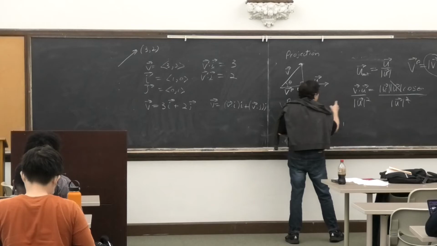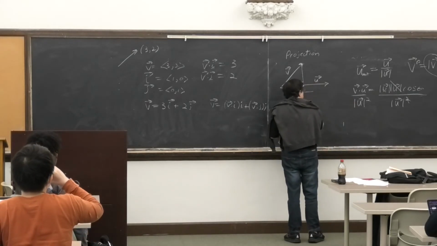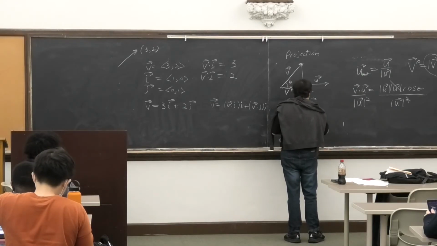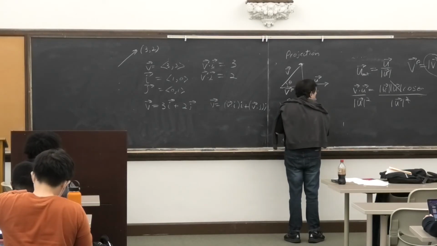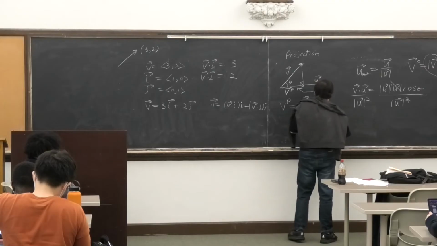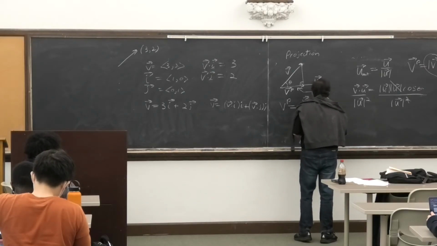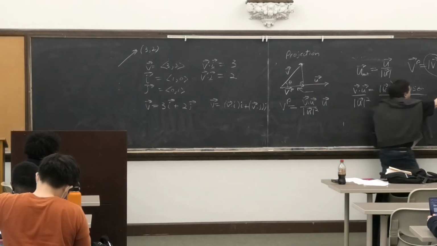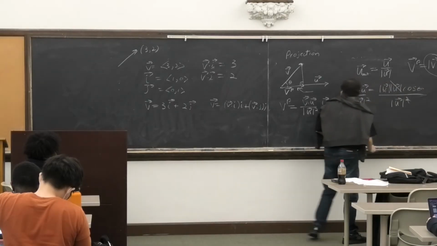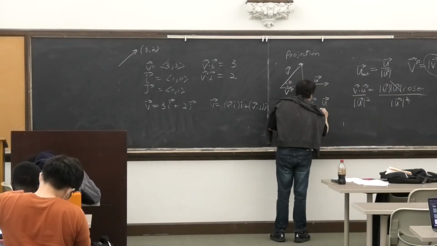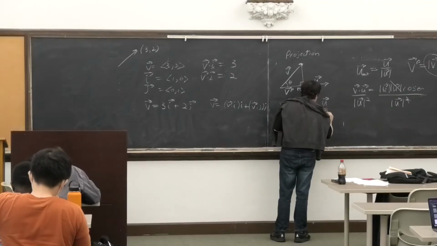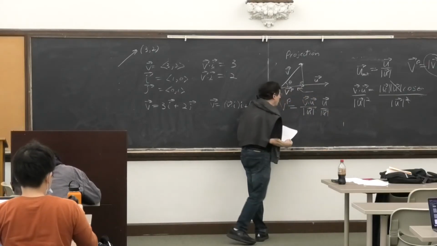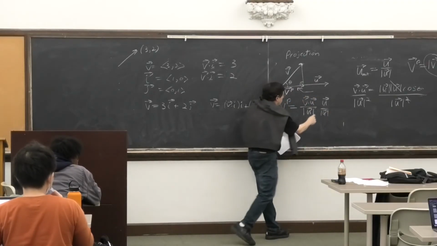so VP is this: v dot u over norm u squared times u from over here. And let me rewrite this way. This is our u unit vector.